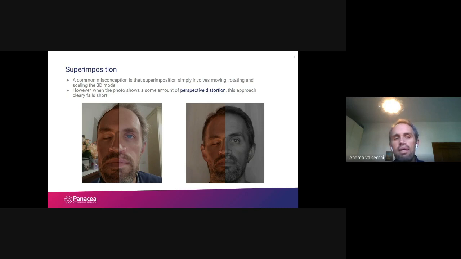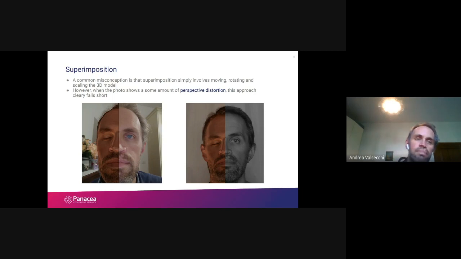So what does it take to make a superimposition? The idea, of course, is to show a 3D model on top of a picture. But we are not just displaying a 3D model in any way. We need to do it in a realistic way, as if we were taking a picture of the 3D model through a camera. We can see why in this example.